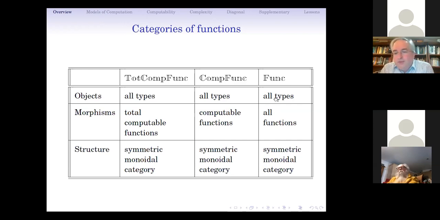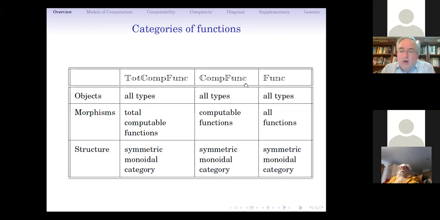The morphisms between them are all functions. And composition in the category is simple composition of functions, but down here it is a symmetric monoidal category structure. Namely, you can multiply two functions in parallel.